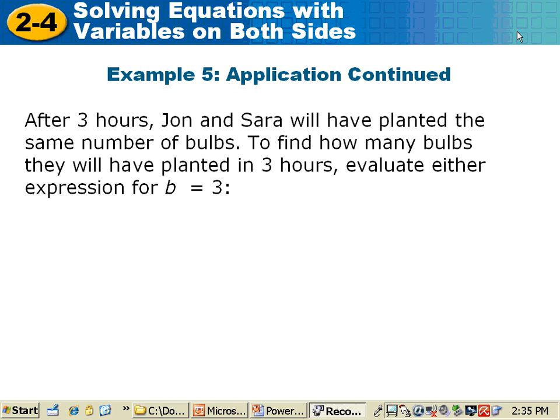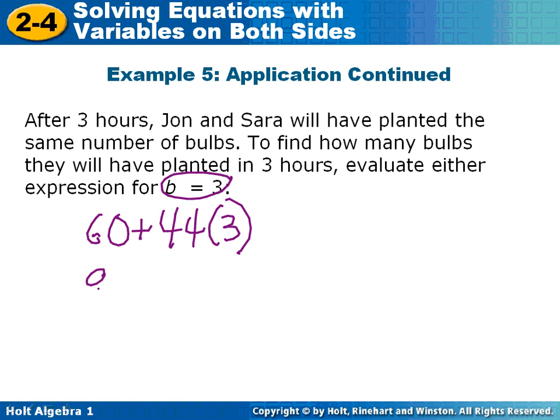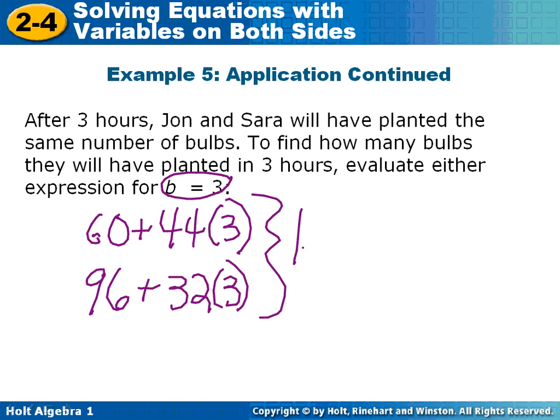Okay, so we have one expression, which is 60 plus 44b, and since b is 3, I'm going to plug in 3 here. We also have Sarah, which is 96 plus 32 times 3. I'm going to plug in here. And what you'll notice is both of these answers are 192. So they have planted, after 3 hours, 192 bulbs.